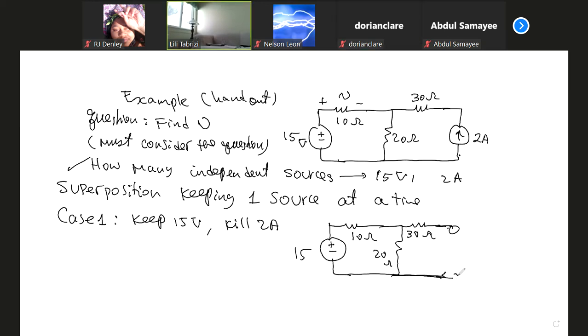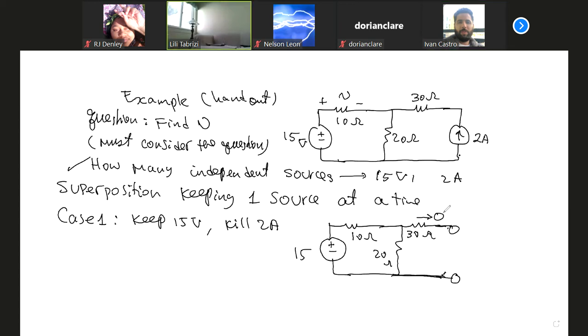So when the previous student said nothing, you have to clarify, it's open circuit. So when you kill the current source, it's open circuit. Okay. If this is open, what current is passing through 30 ohm? 0.